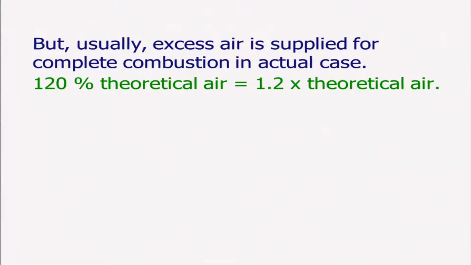Because what we have just seen is that for methane and air we need to give around a 17.16 ratio, that is the air to fuel ratio. But that is theoretical. In the actual case you can't really have complete combustion, therefore we always give excess amount of air so that complete combustion can take place.